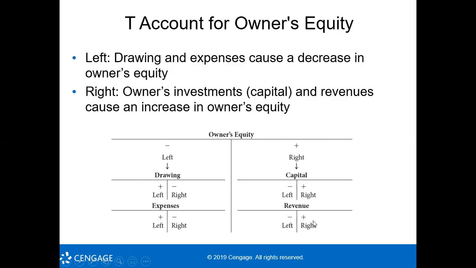Revenue increases with a credit, decreases with a debit, okay? And then for those accounts that decrease equity, it's the opposite. So drawings and expenses both decrease equity. So for drawings and expenses, they increase with a debit, decrease with a credit. Again, expenses increase with a debit, decrease with a credit.